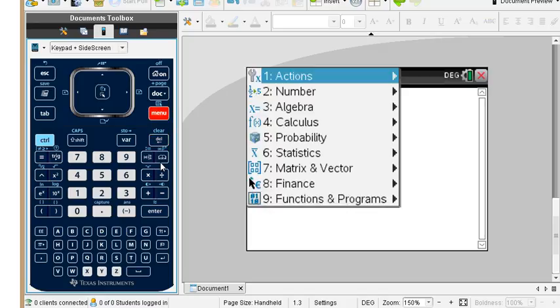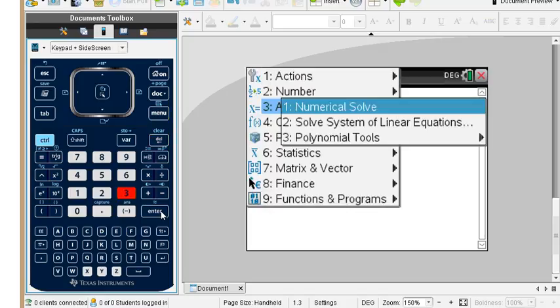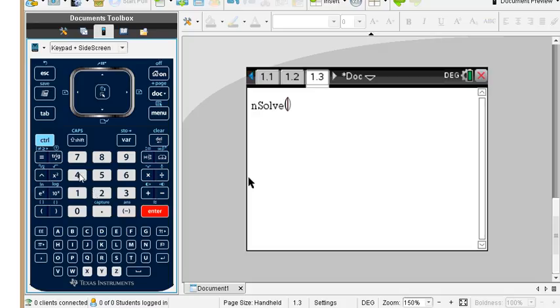To do that, we go to Menu, Algebra, Numerical Solve, and put the equation in here: 48 degrees, our final temperature, equals the temperature of the medium, 20, plus, parentheses, T sub 0, which we don't know, I'm going to call it x, minus the temperature of the medium, times e, and I press the e key, to the power of negative 0.35 times 5 minutes.